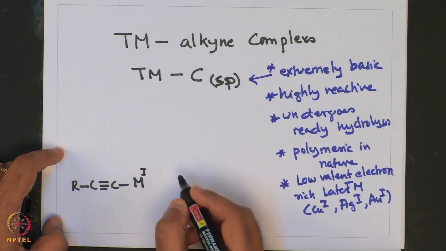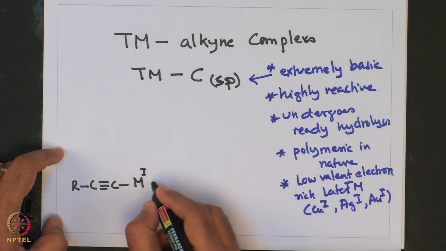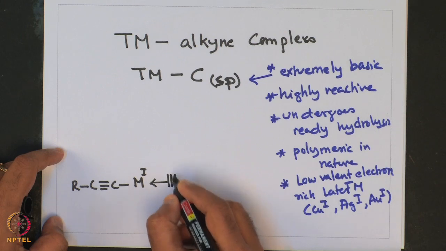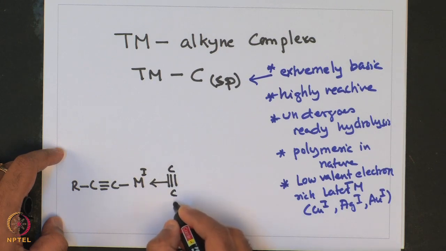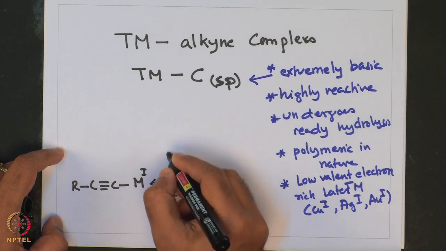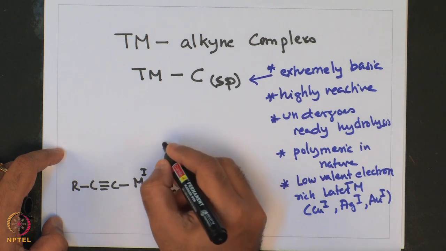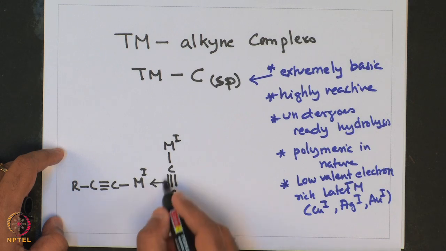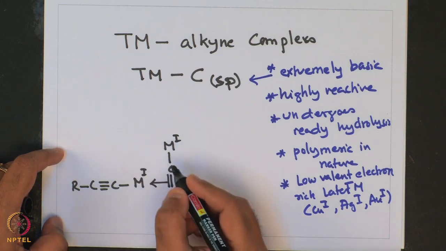For example, if it is a metal acetylide, then that metal can interact with another metal through its pi cloud.